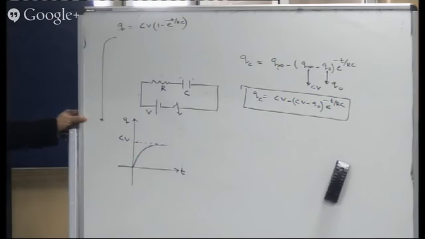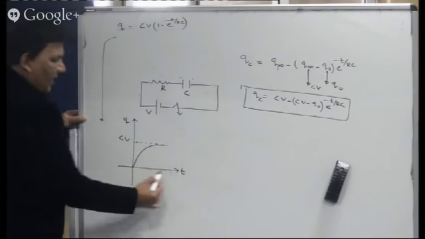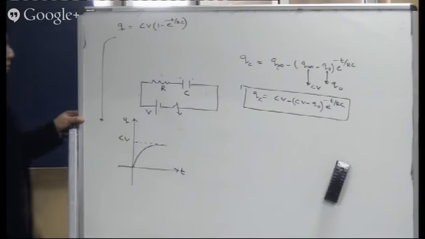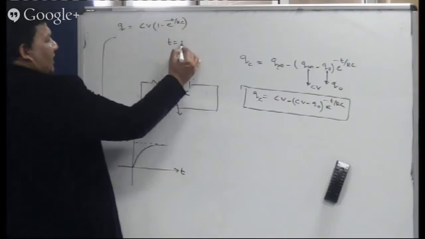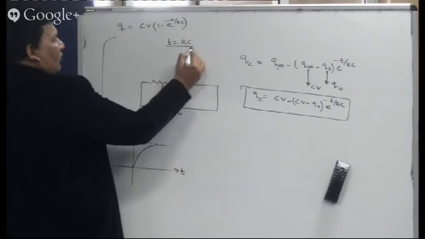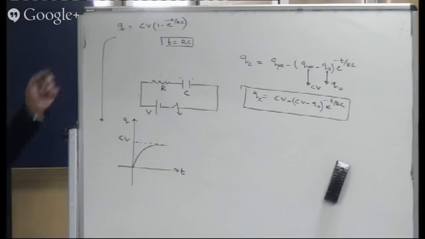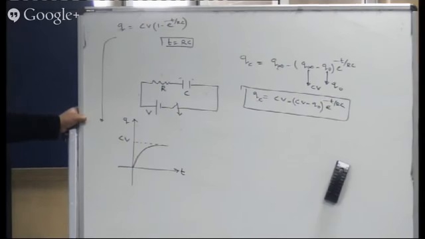Okay? Now, between 0 and infinite time, there will also be a time. I'll ask you, if I say t equals RC, put this in this formula. What value is coming? What is e equal to? Calculate it.